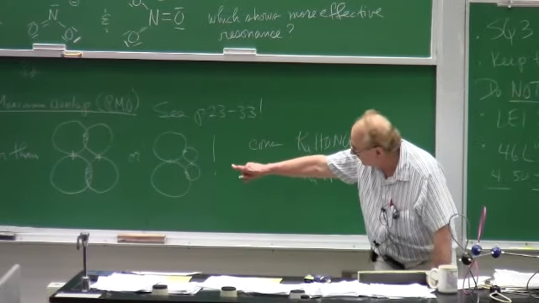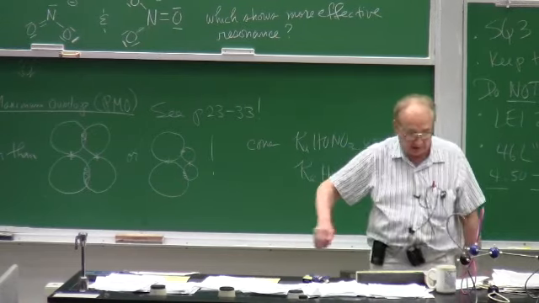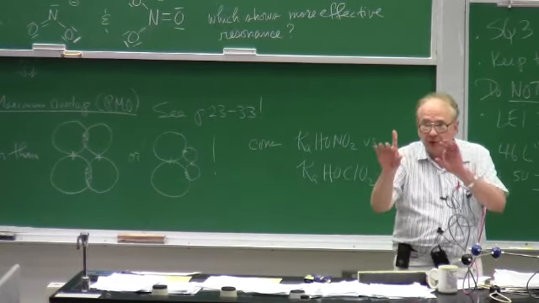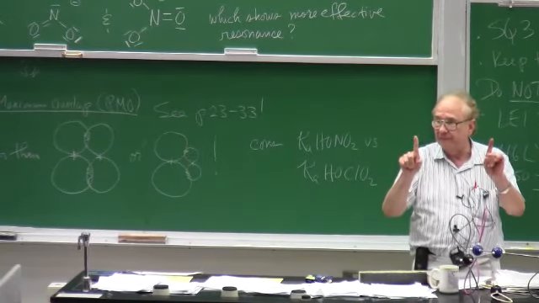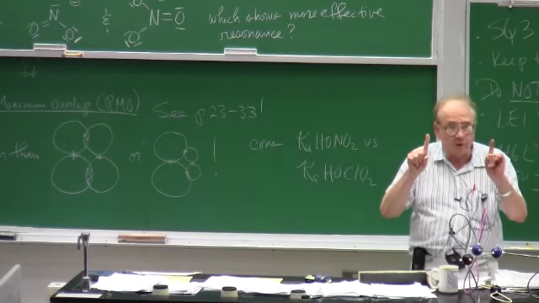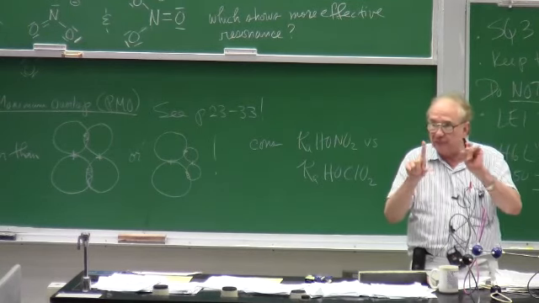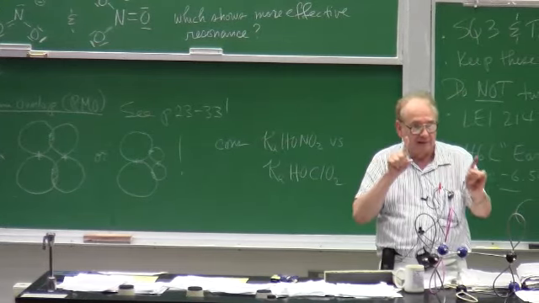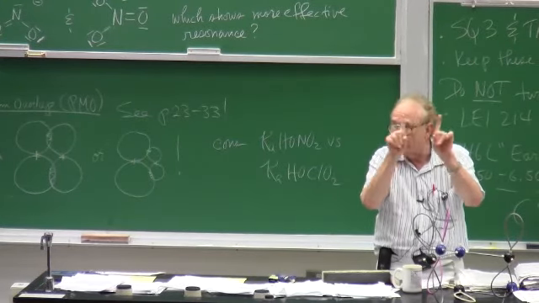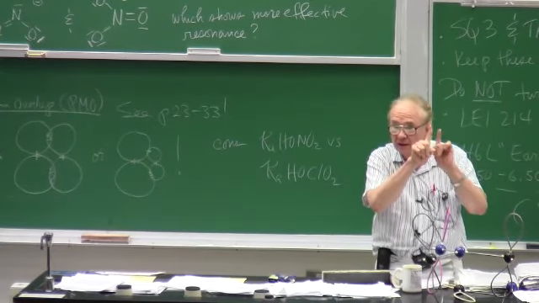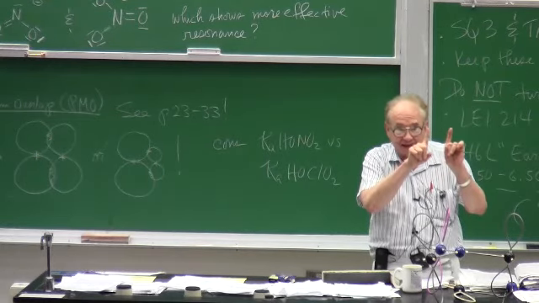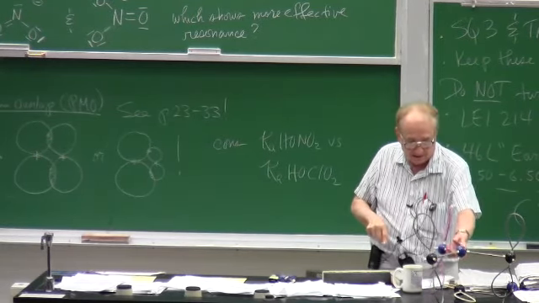So look at this, or recall this PMO consideration. If we're going to have an effective pi system, we need to have the lobes of the orbitals which overlap with each other to make the pi system mutually parallel, right? Okay.